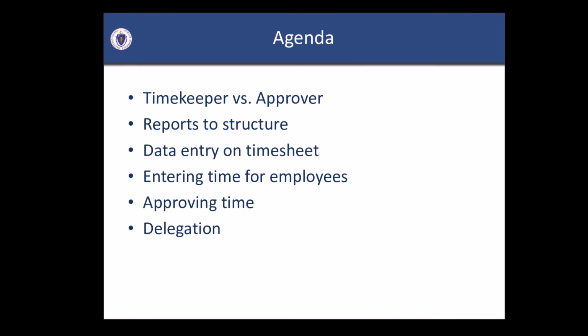We'll walk through a couple of entering time for employees because as time approvers, you have access to enter and approve time for employees. We'll walk through just very quickly approving time, although I am guessing, since I know most people it was actually a very good success rate. People were paid. You guys have probably already gone through how to approve time. And then finally, we'll just talk through delegation again.